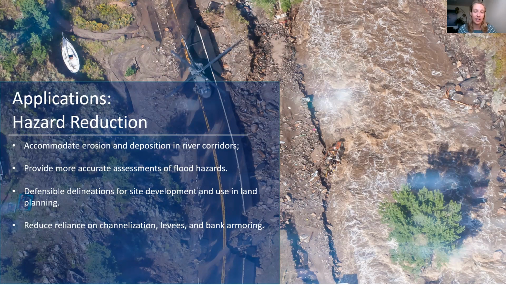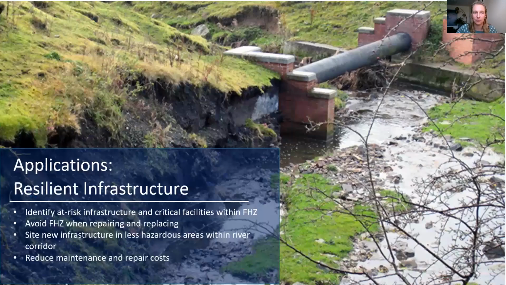And again, like I said, if we're looking at these as opportunity areas or as green infrastructure too, this could end up with a reduction on the reliance of channelization, levees, and bank armoring, if we're incorporating these into long-term flood management plans and public works and civil planning for flood control.